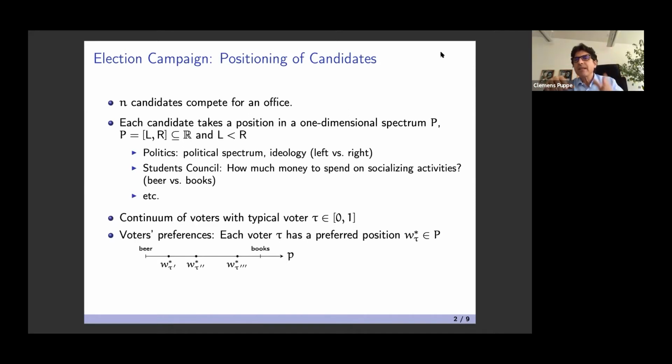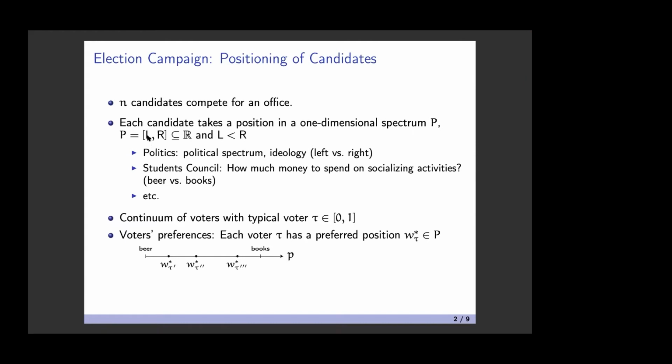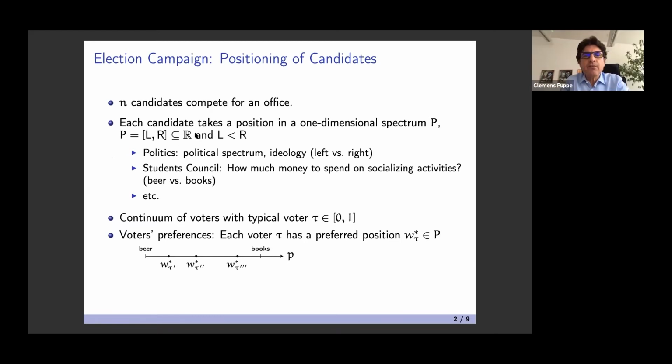We talked about the Green parties and things like that. But setting this aside for the moment, take the simplest case of a one-dimensional political spectrum. Let's call this P here. It's simply an interval of real numbers where L is the left boundary and R is the right boundary.